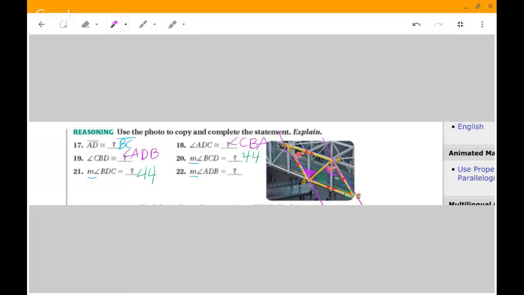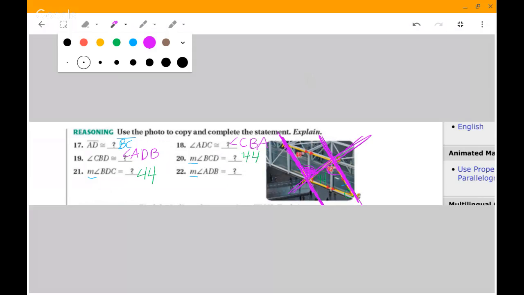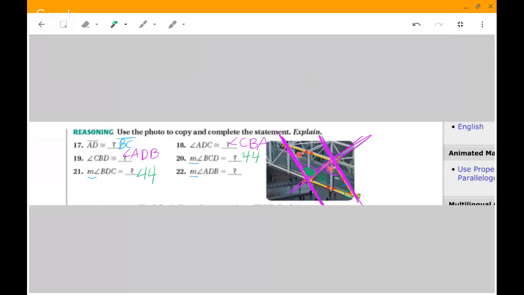Parallel lines. There we go. Parallel lines and transversal. And we're trying to find this angle. With that highlighted now on the picture, does it make it easier to see? What is this angle congruent to if you have parallel lines and a transversal? Oh, it would be 92 degrees.